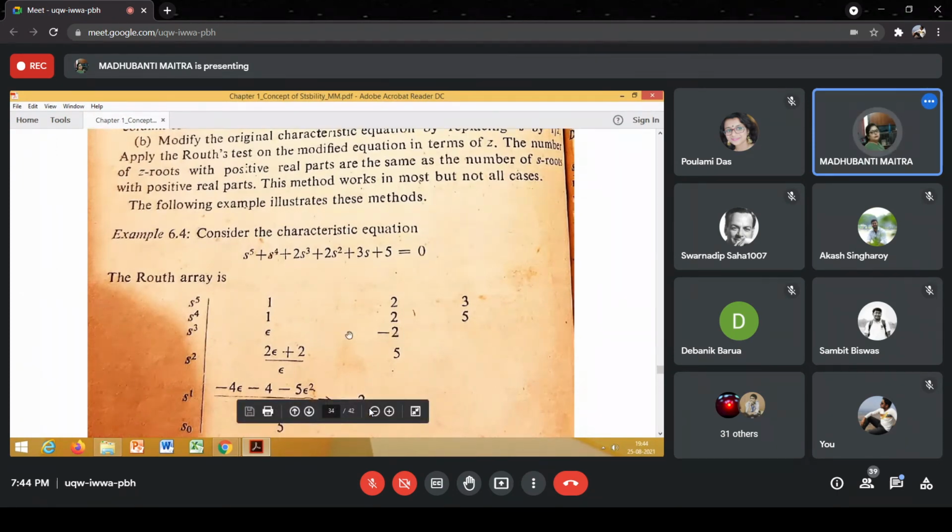Am I clear? The first term is 0, but the second term is non-zero, and the second term of this particular row is -2. So this is the uniqueness of this particular difficulty.